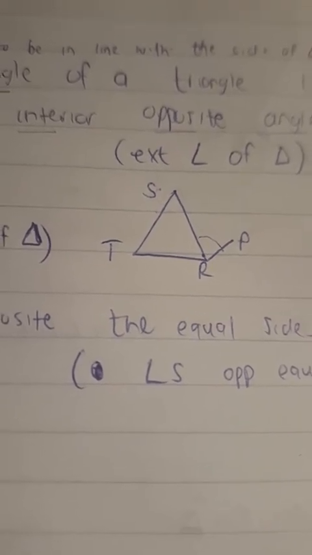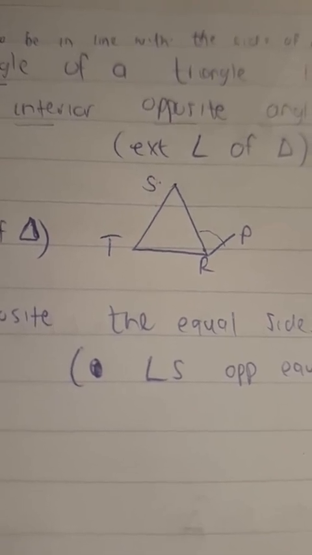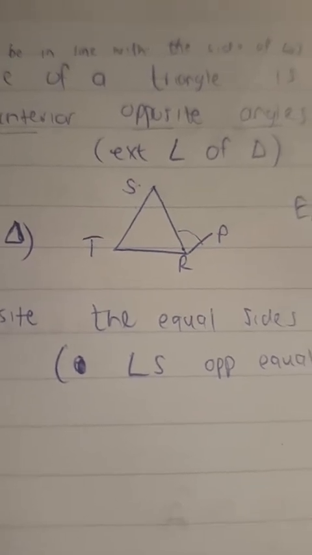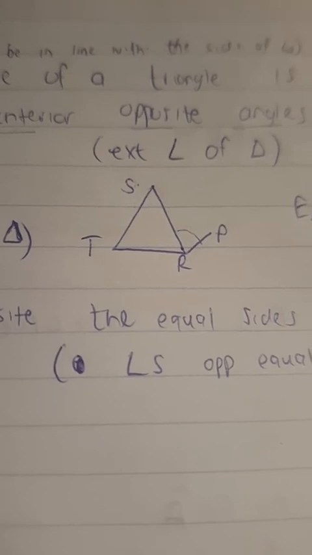So Tora is saying no because it's not opposite to those two angles. Okay, Tora, I hear what you are saying. And Yanelisa says no because the sum of the two opposite angles might not be equal to the exterior angle. Yanelisa, I hear you as well.